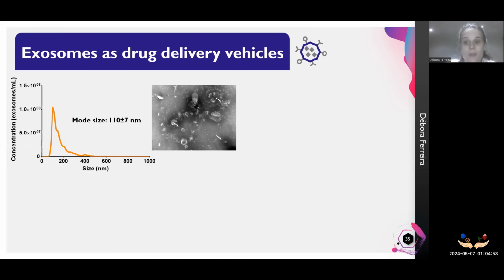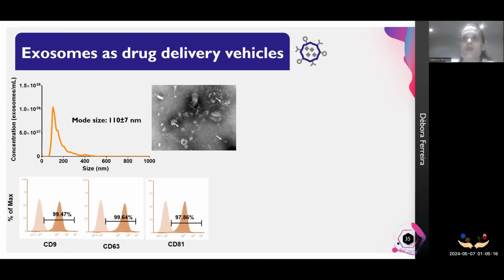They're called the BJ cells, and we obtained exosomes, as we can observe here by these experiments, with an approximate size of 110 nanometers, falling within the accepted limits for exosomes, more or less between 30 and 150 nanometers.